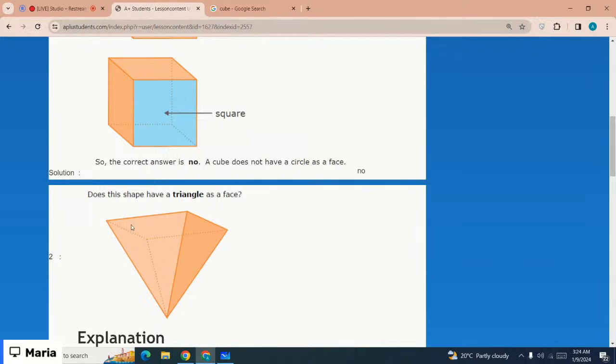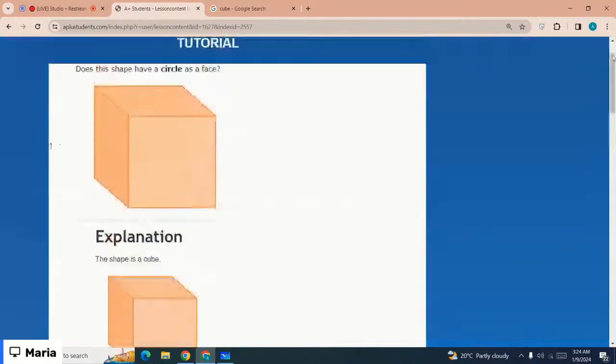Yes, it has a triangle shape. You can see there are four faces, three faces are triangular, and one is rectangular. Let's start with the test questions.